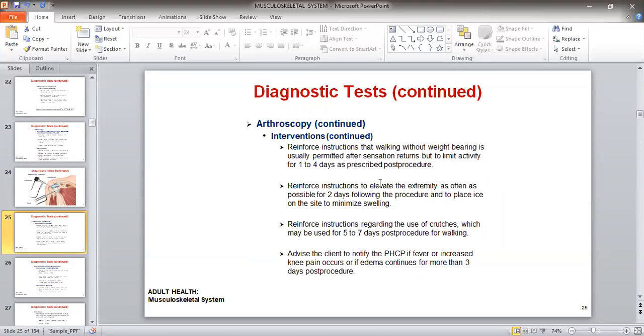Elevating the extremities is very important to reduce the inflammation, or elevate the part post procedure. Also, regarding the use of any kind of equipment, walker, crutch, or anything, maneuvering is important. If the patient has an elbow joint, keep the elbow extended, limit the flexion to 30 degrees or less.